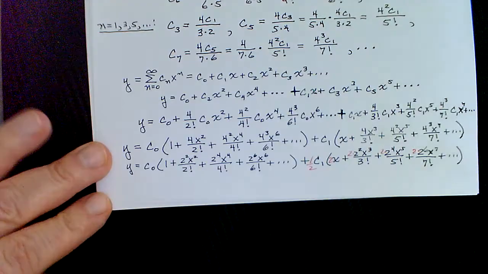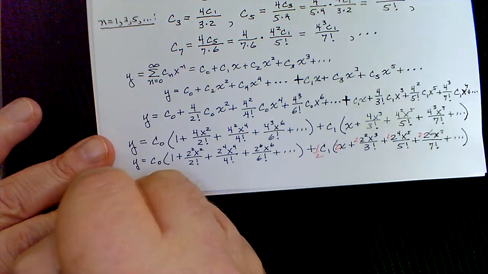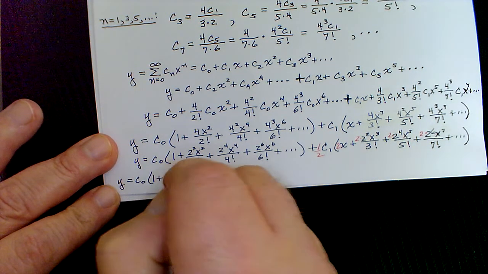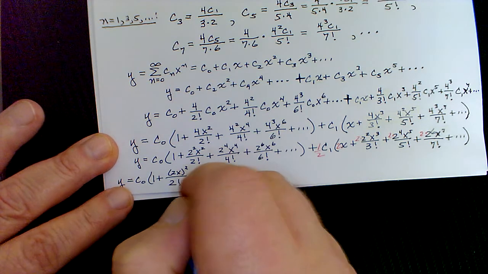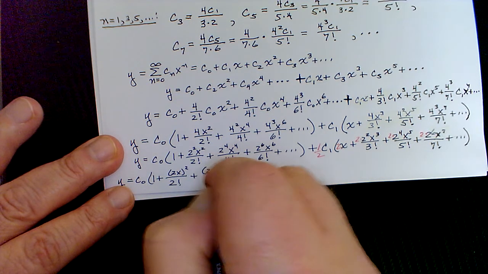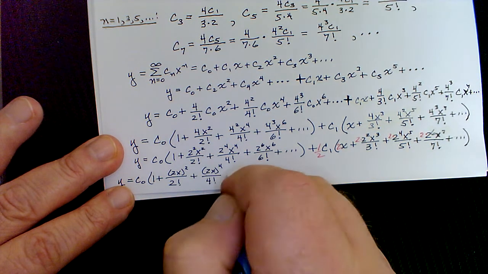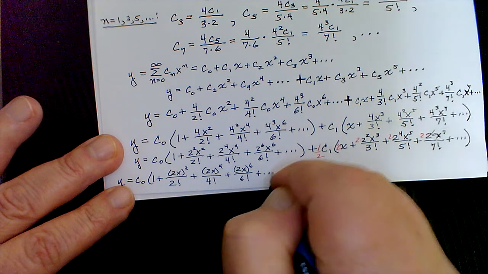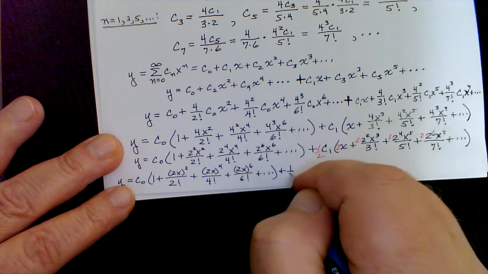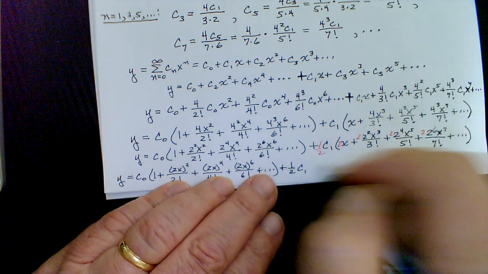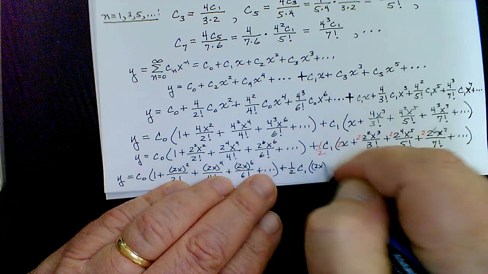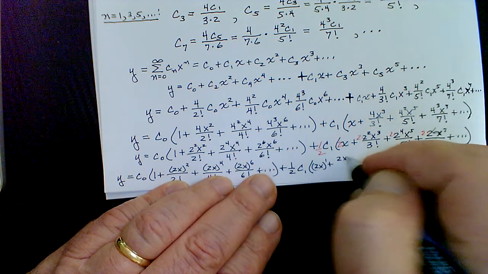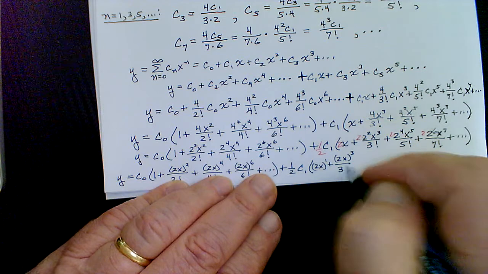So now we could express this as y equaling c sub 0 times 1 plus, now we could say 2x quantity squared over 2 factorial plus 2x quantity to the 4th over 4 factorial plus 2x quantity to the 6th over 6 factorial, and so on, and then plus the 1/2 c sub 1, and then this would be 2x quantity to the 1st, plus, now there's 3 factors of 2, so 2x quantity cubed over 3 factorial.